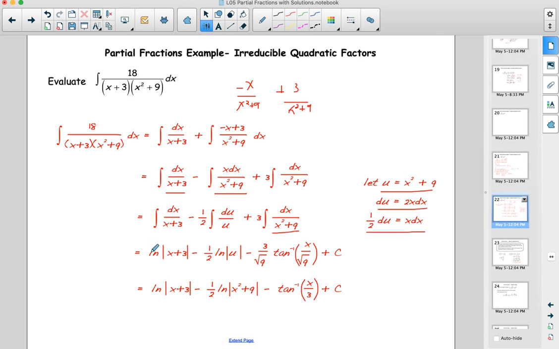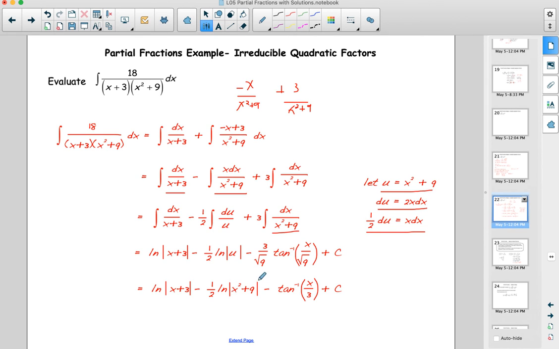So going backwards on this one, it's the ln of the absolute value of x plus 3. And I need the absolute values in this case, because it's possible for x to be negative enough to make the whole argument negative. This is minus 1/2 the ln of the absolute value of u. I'm plugging in u, which was x squared plus 9. Now technically the absolute value not needed here, because the lowest x squared plus 9 can be is 9, and that certainly isn't negative.